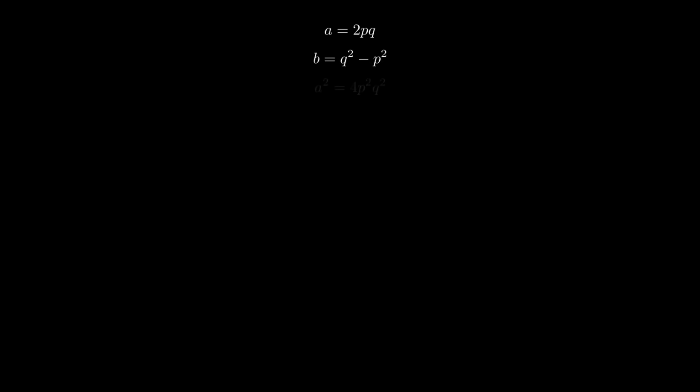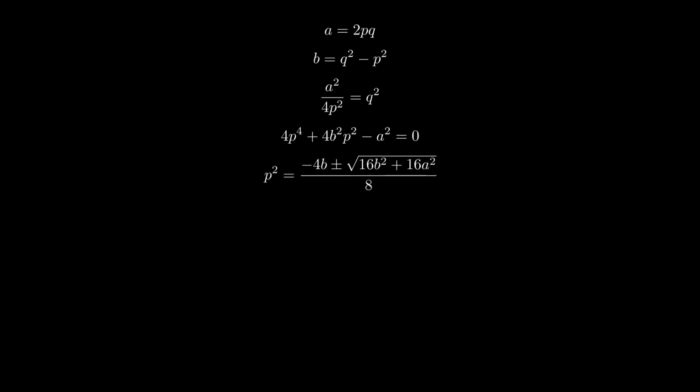We can go from a solution that involves a and b to a solution that involves p and q. Note the plus and minus operator. We know it can only be plus because if it were minus, then the value on the right would be negative, but the value on the left requires it to be positive.